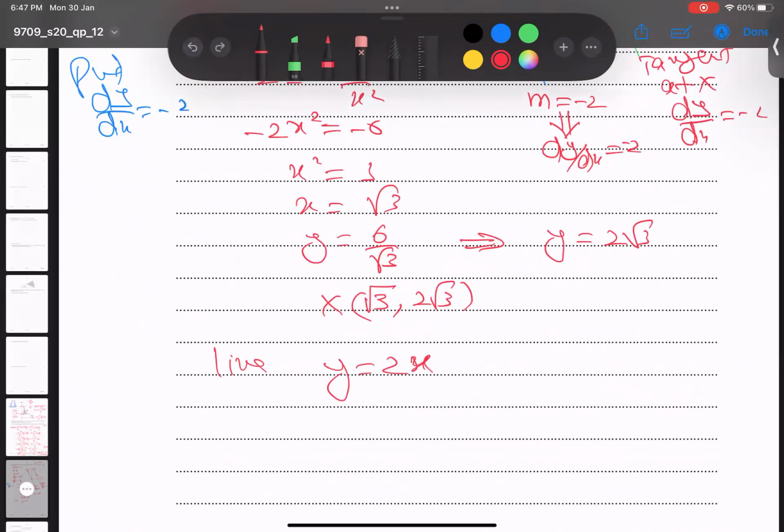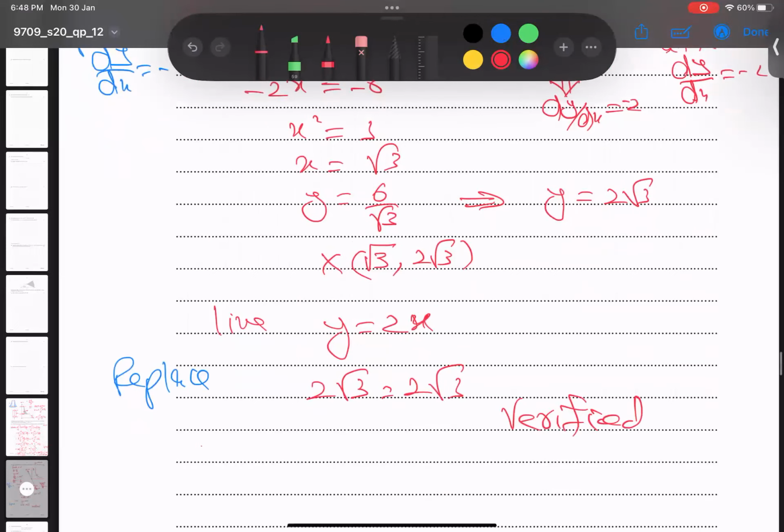This is called checking. 2 root 3 will come here, and root 3 will come in the place of x. Verified. Because they are equal, hence we can say that X lies on another line, and that line is y equal to 2x.